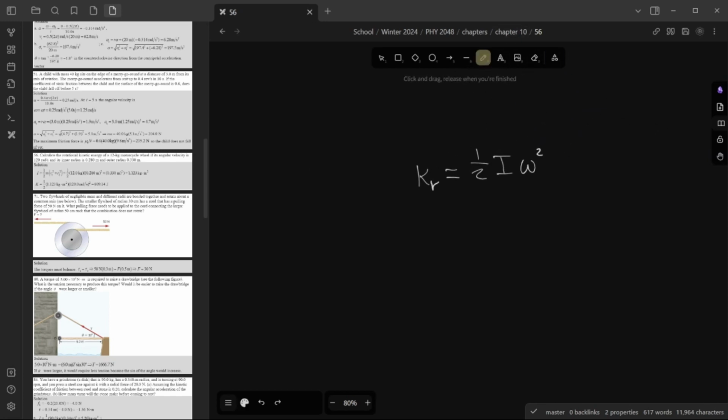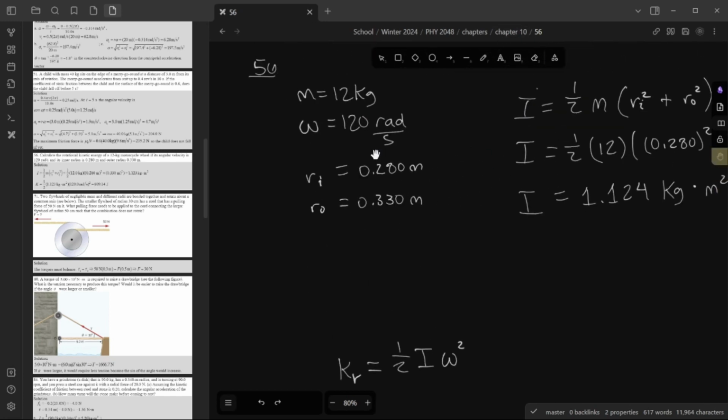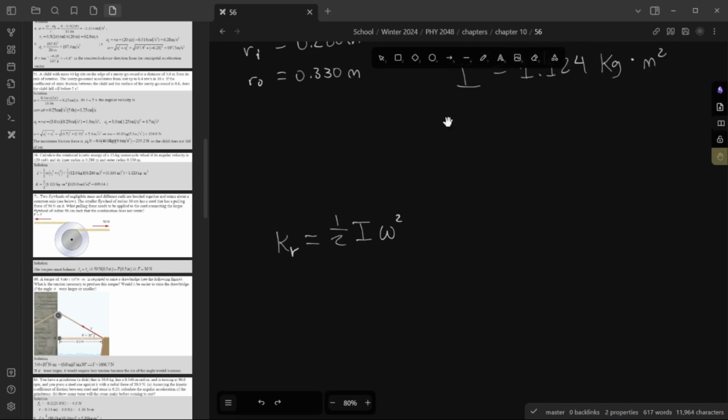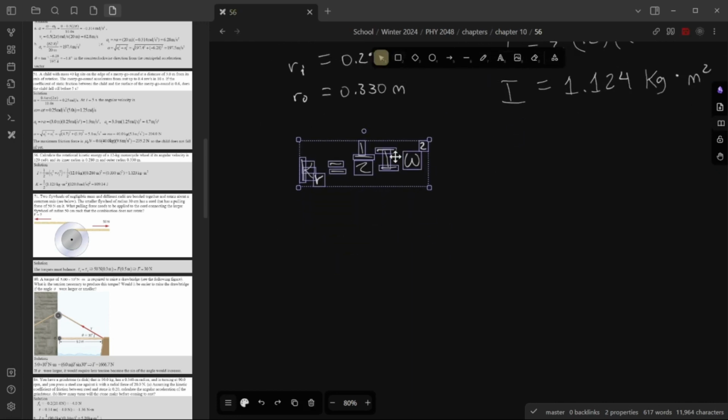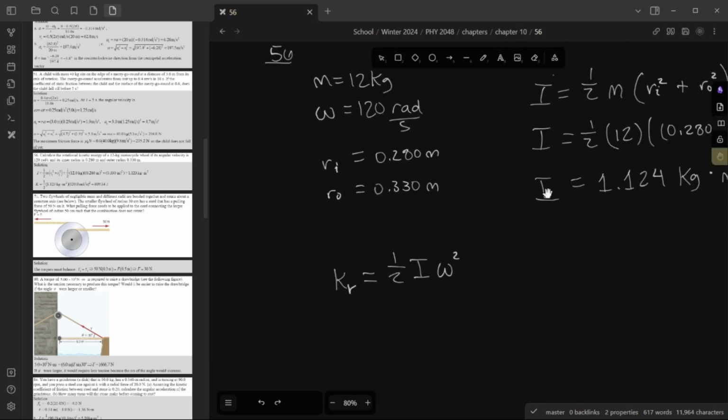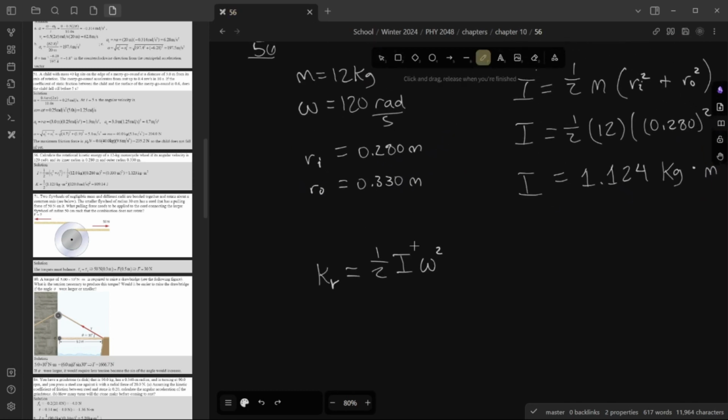So we have that value, and now all we have to plug in is our omega, and we're done. This is a very simple problem. I promise I'm trying not to make it last too long. So let's go ahead and plug in everything. K sub r equals 1/2, and then I was 1.24, and our omega is 120 squared.